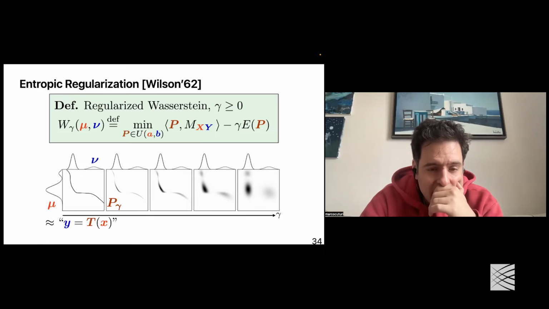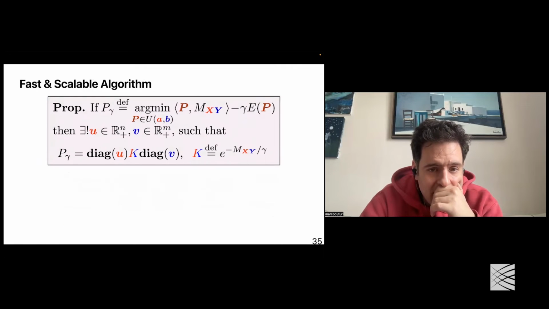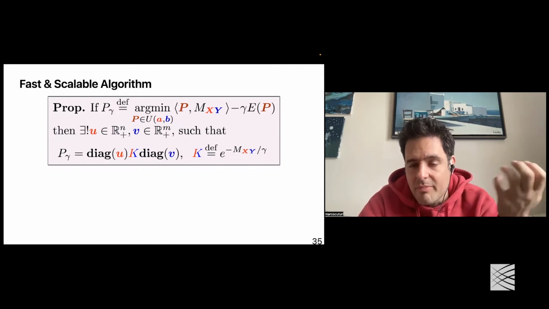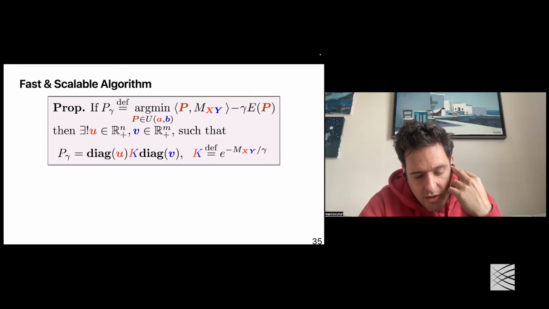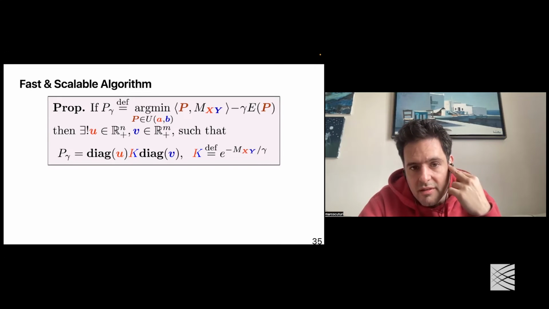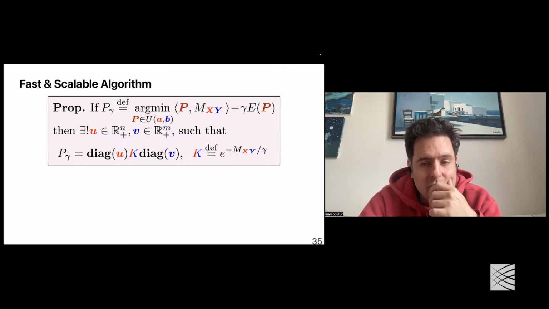Let me just say that the reason people like this regularization is that it is very efficient from a computational perspective. It has been powering a lot of the approaches that we've seen in optimal transport recently, notably this Cell paper that I cited earlier on. Let me just be a bit brief with the math.